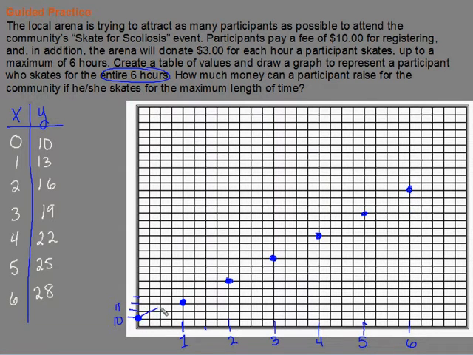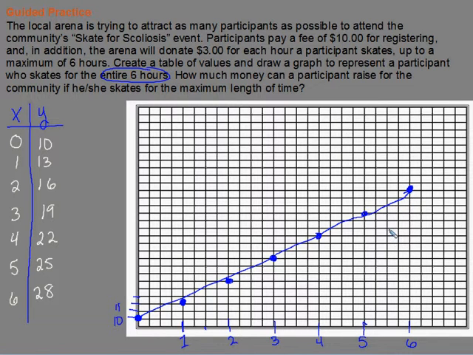Okay, now this line, pretend it's straight, is not going to have an arrow. Because 6 is the maximum, this line is going to end. So we're not going to put an arrow on it like we do normally. And that's going to be kind of a difference between the lines that we graph here and the lines that we graph in algebra. In algebra, lines are continuous infinitely, and so they'll continue forever.